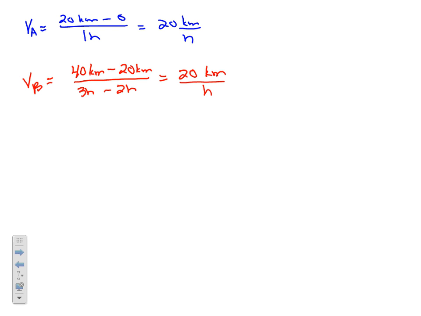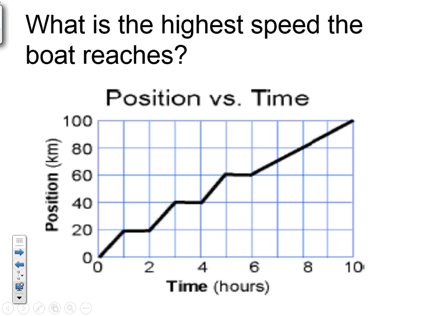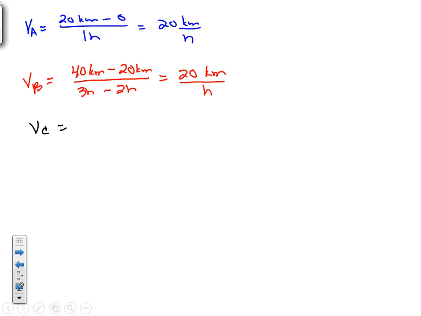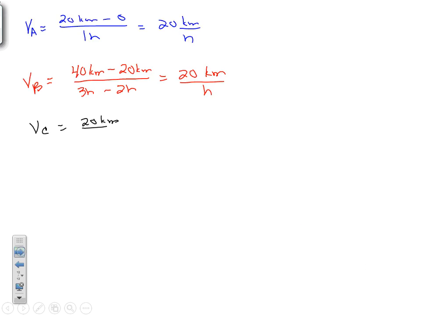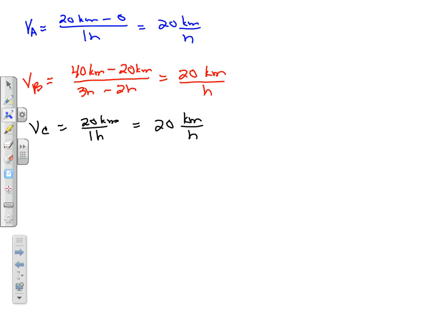So let's do this part a little bit differently. In C, you can see 60 minus 40, so you know this top part is 20, and the time period is, again, 1 hour. So I'm taking just some allowed shortcuts to see that the speed in parts A, B, and C are all equal. In part D, it traveled a further distance.